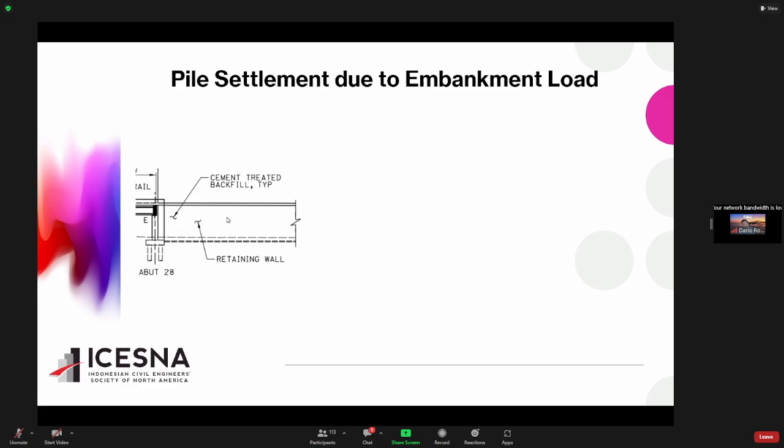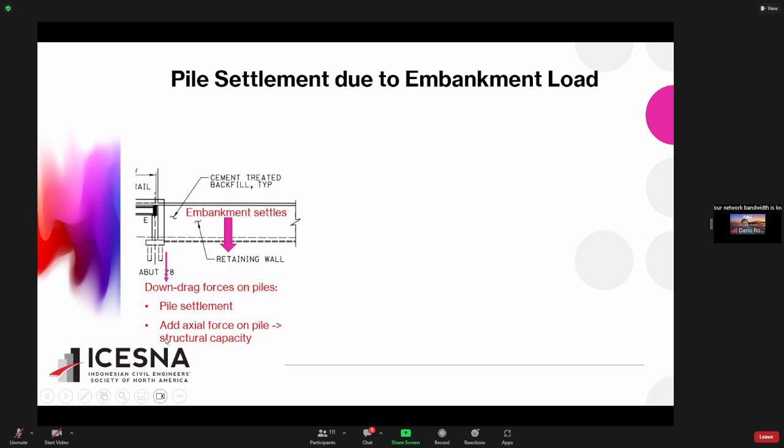But the problem when you do that is the embankment will settle. Because of the settlement, you will induce downdraft force on the pile, and that downdraft will make the pile settle. It will add axial force on the pile, because the pile will be subject to downdraft or greater axial force.